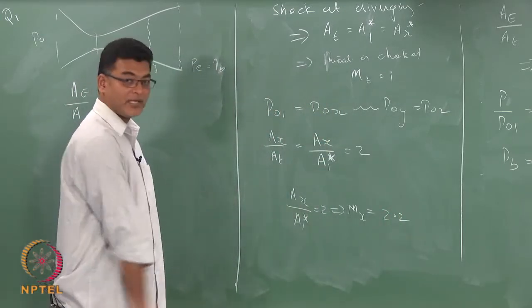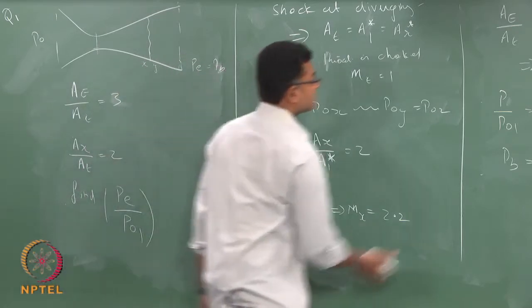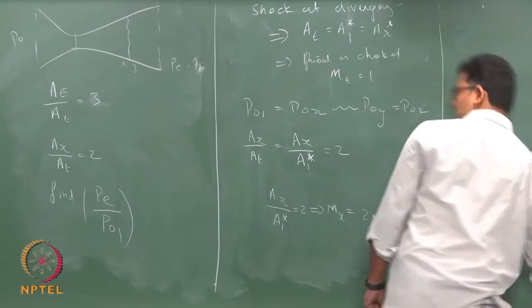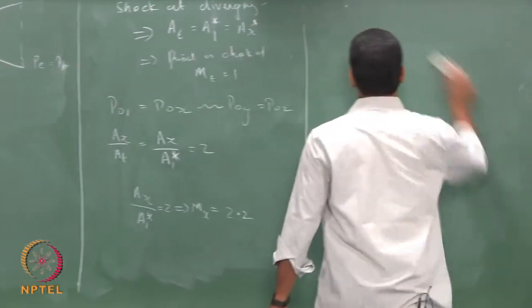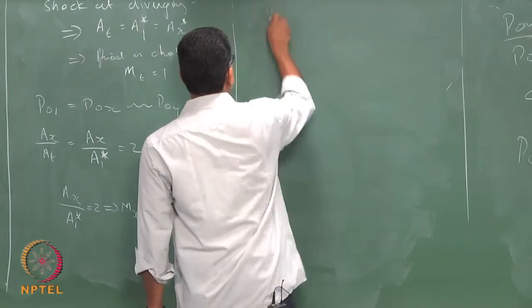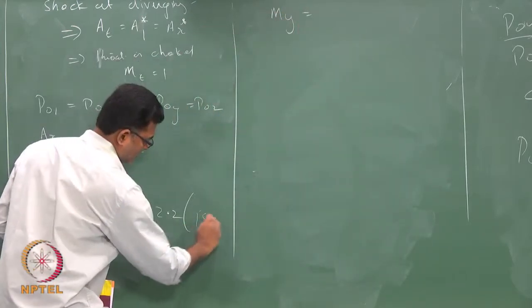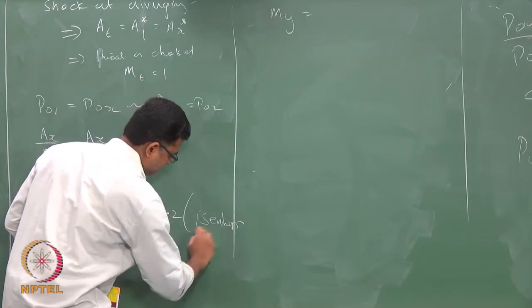Now, the shock is happening at Mx equals 2.2. So, my Mx equals 2.2, this is from isentropic tables.